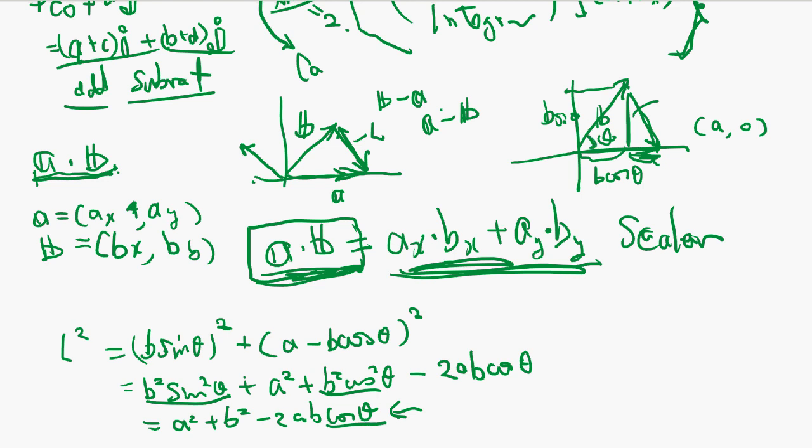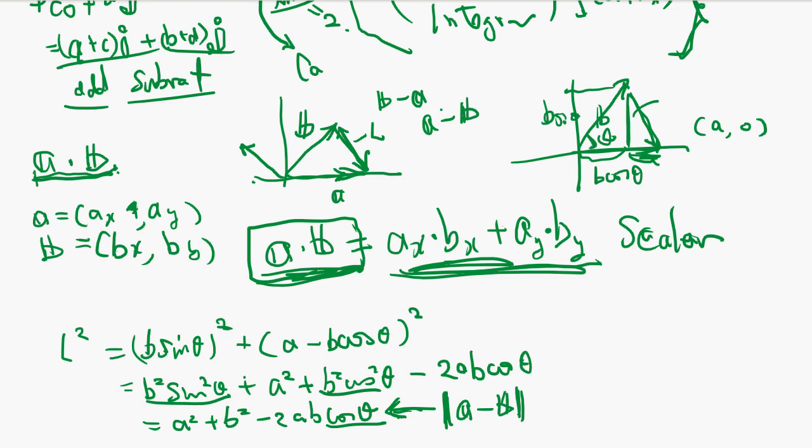So this cosine formula is going to be A minus B, like that. Okay, so the point here is, with vectors you just add or subtract and take the absolute value.